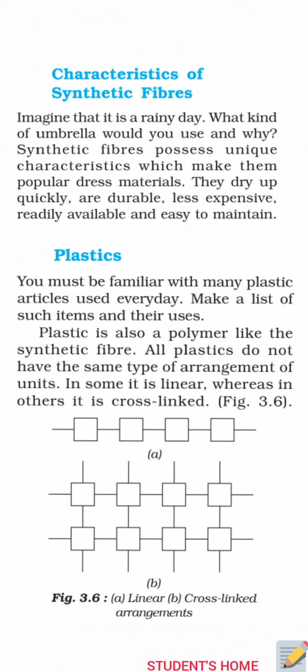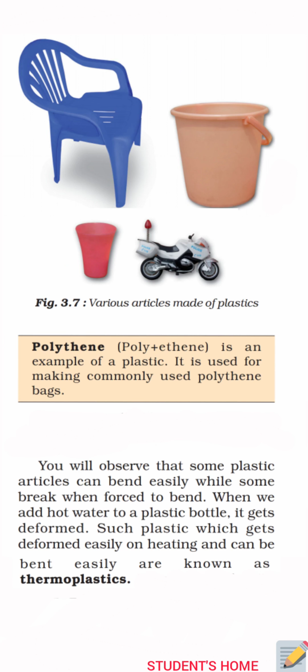So plastic articles are available in all possible shapes and sizes, as you can see here in figure 3.7. The fact is that plastic is easily moldable, that is, it can be shaped in any form.